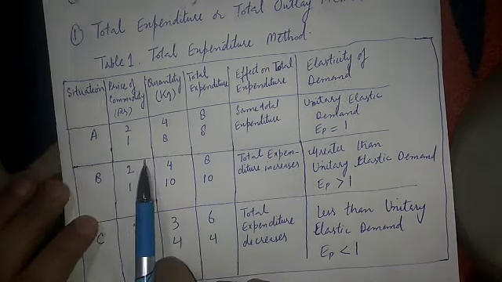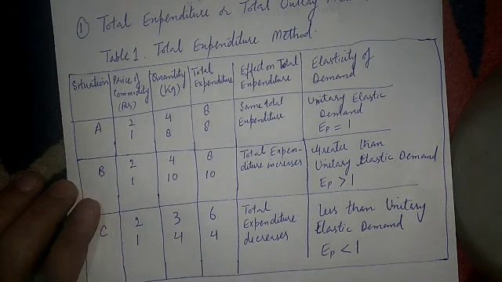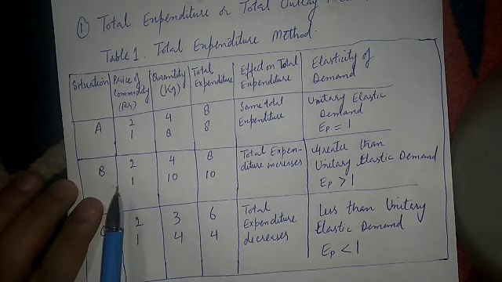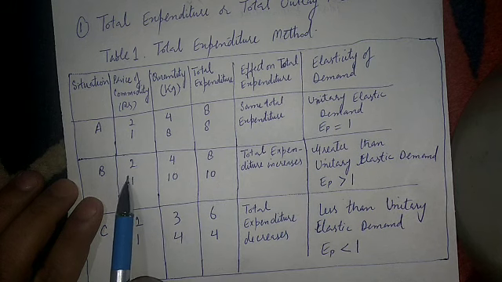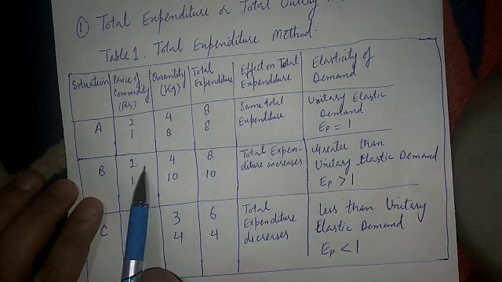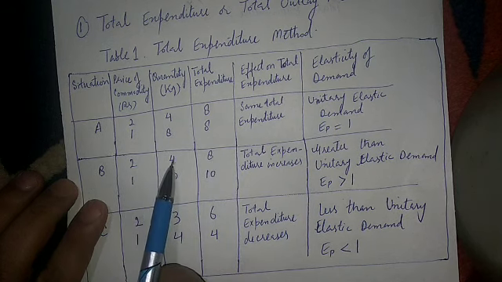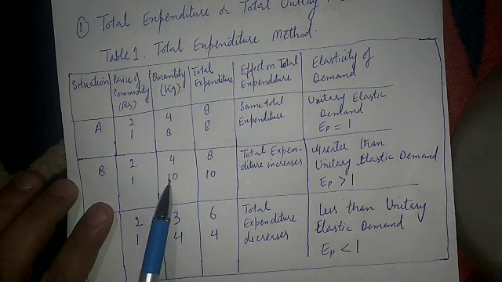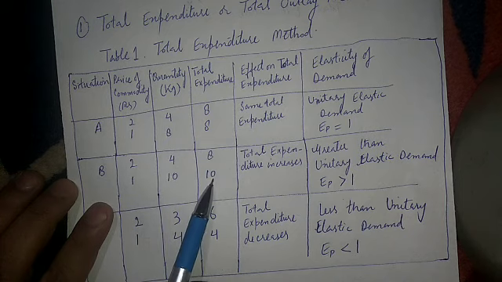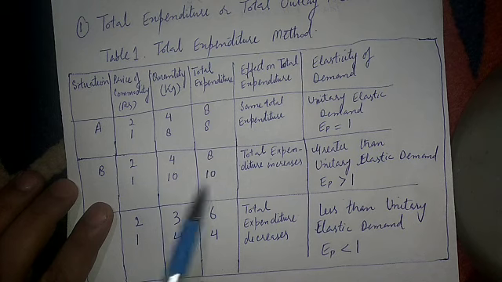Now if you see the second situation, you can see that when the price of the commodity is rupees 2, the total expenditure is 8 because he demanded 4 kgs. When the price falls to rupees 1, he demanded 10 kgs. Now the total expenditure increases.